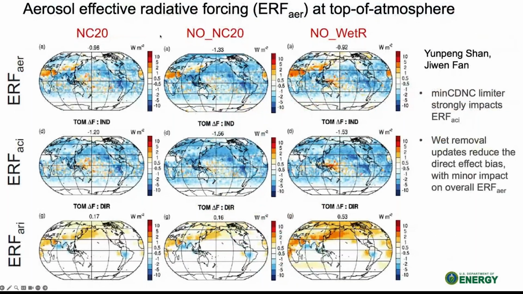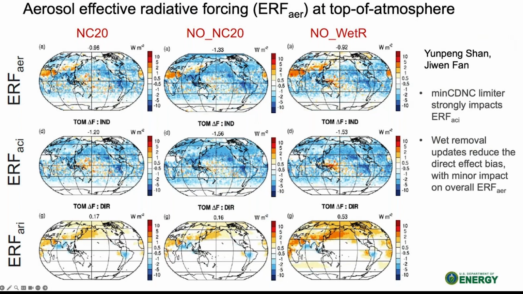This is another slide also showing the impacts of the wet removal a little bit more clearly, partitioned out into the direct and indirect effects. So the top panel here is the total ERF aer and its geographic distribution.